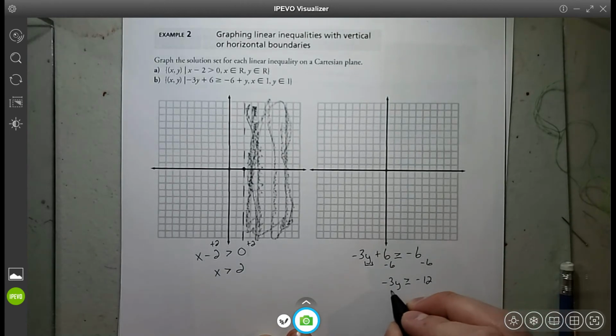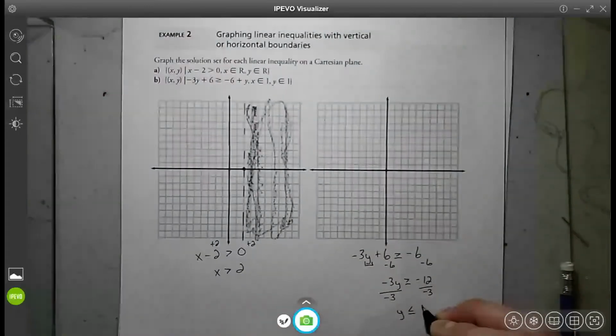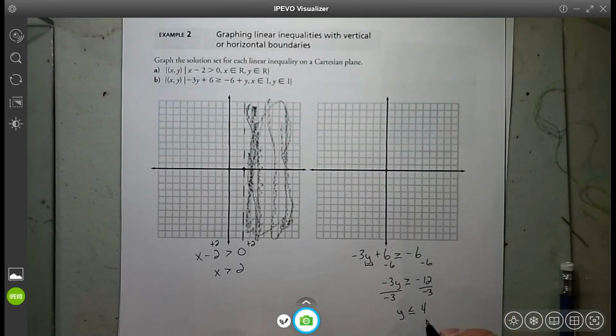We're going to divide both sides by negative 3. And when you're dealing with inequalities and you multiply or divide by a negative number, you have to flip the alligator. So y will be less than or equal to 4.